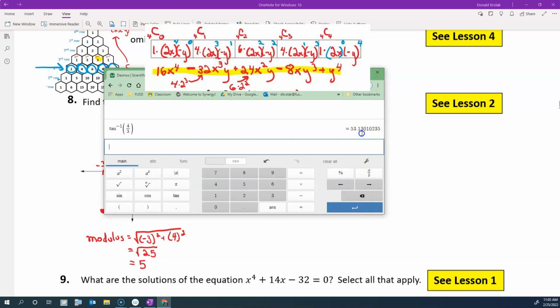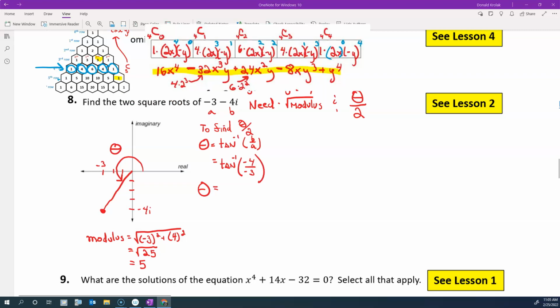Okay, and it gives me 53 degrees. So what comes out of my calculator is 53 degrees. Now, that is not theta. That's what comes out of my calculator.